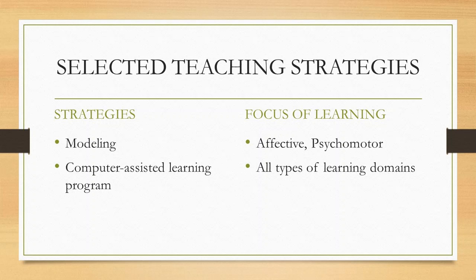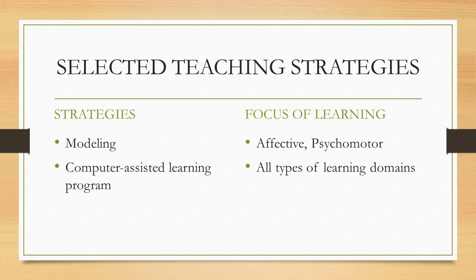And the last one is the computer-assisted learning program. And the focus of learning here are all three types of learning: cognitive, affective, and psychomotor. In this strategy, the learner is active and the learner controls the pace. Just like what we are doing right now.